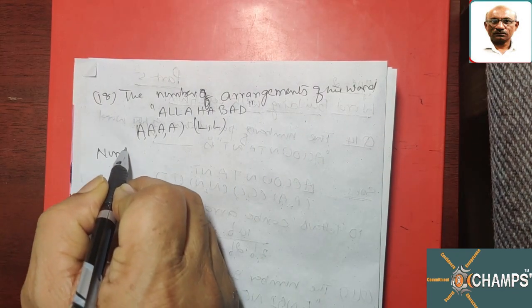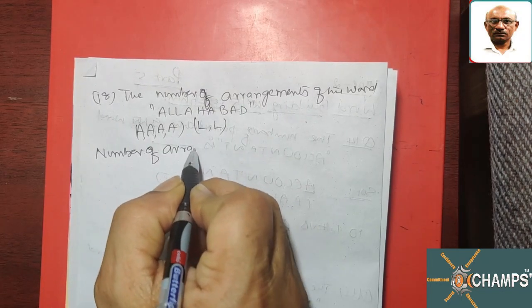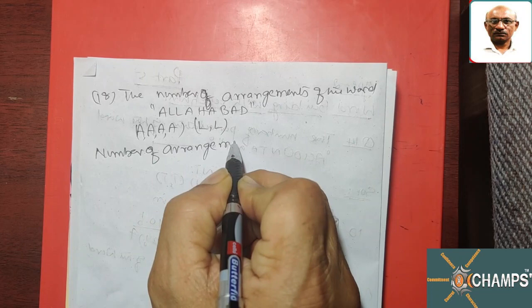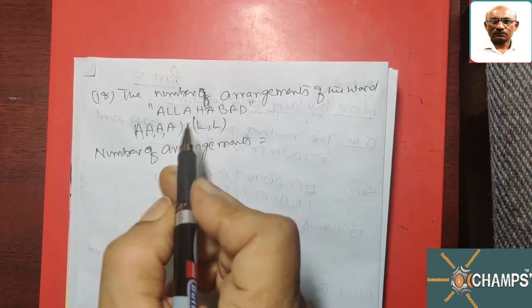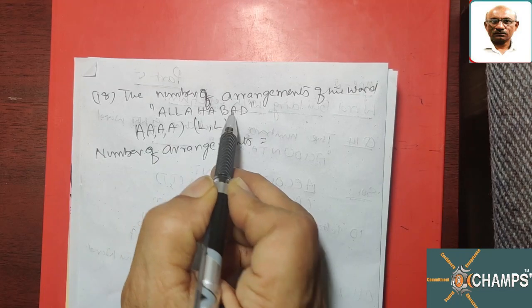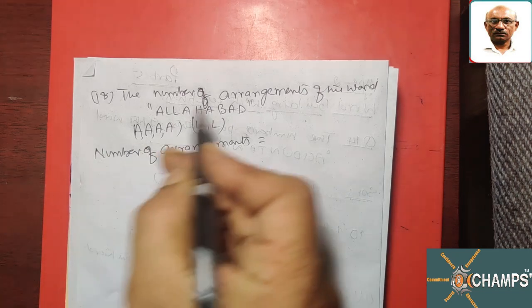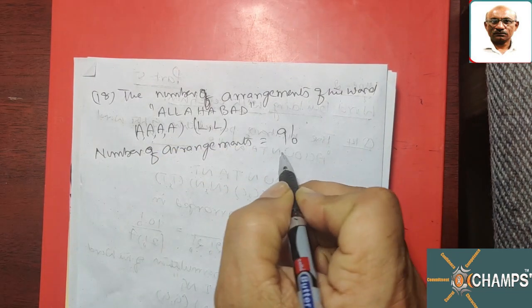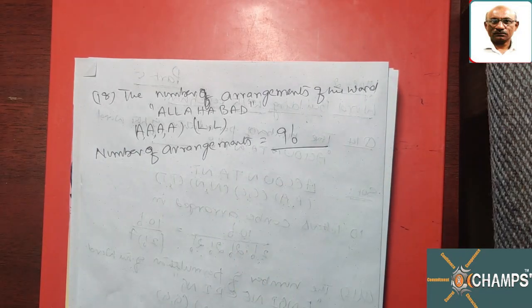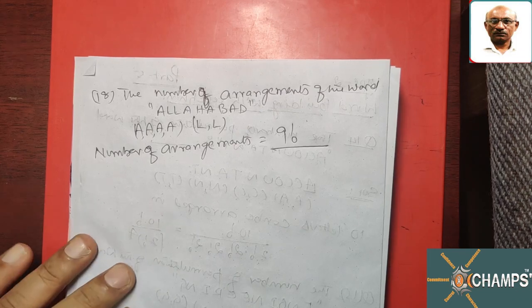Now number of arrangements is equal to. Now count the number of letters: 1, 2, 3, 4, 5, 6, 7, 8, 9. 9 letters are there in the given word. If these 9 letters are distinct, they can be arranged in 9 factorial ways.